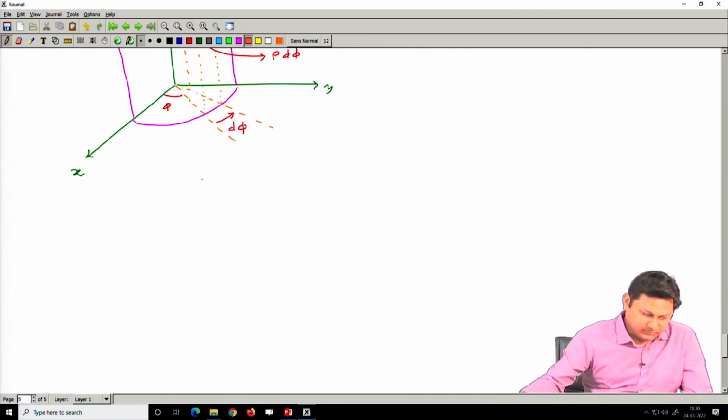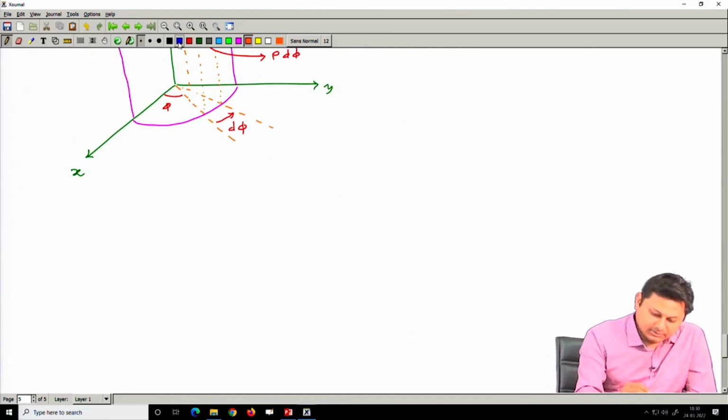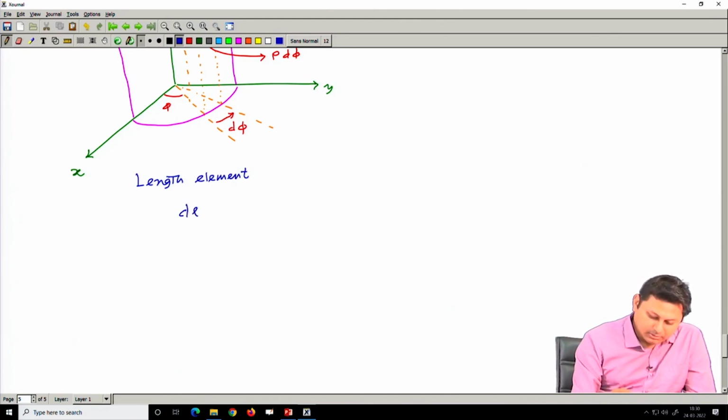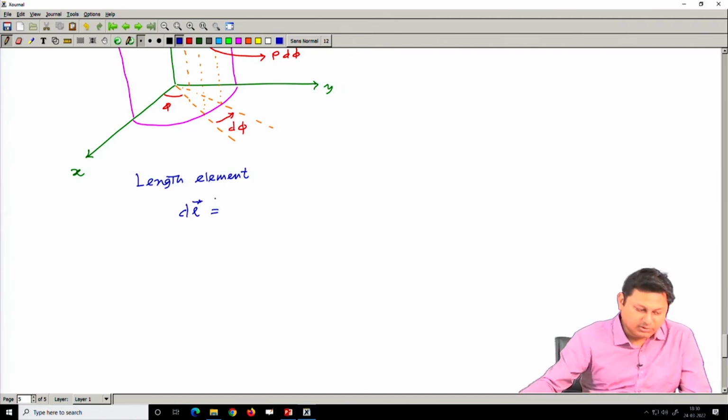Well, the length element dl should be the different length components that we are calculating.